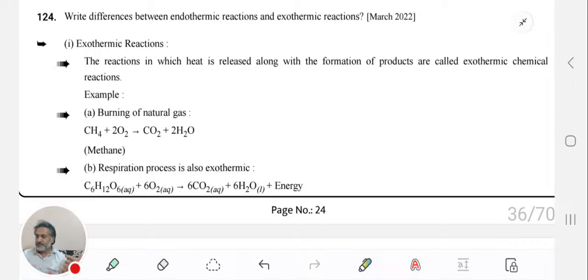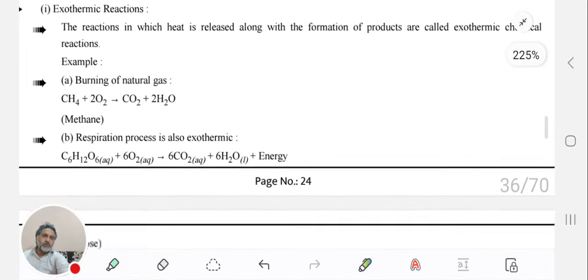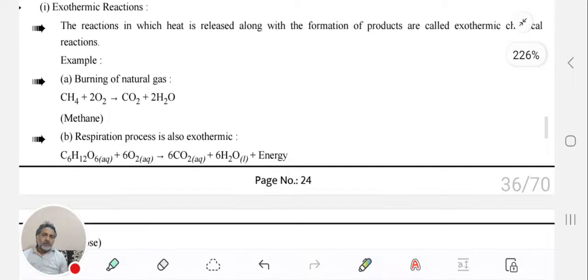Jay Shri Ram. The reaction in which heat is released along with the formation of products is called an exothermic chemical reaction. Example A: burning of natural gas, methane.